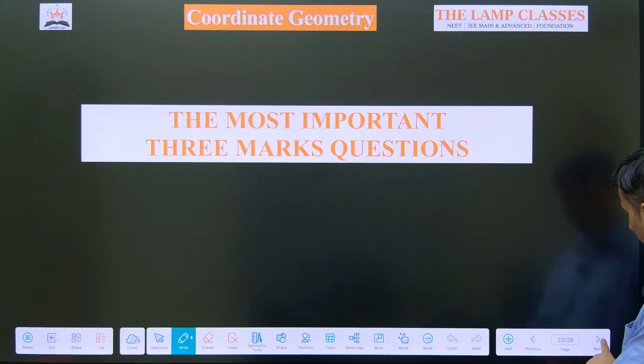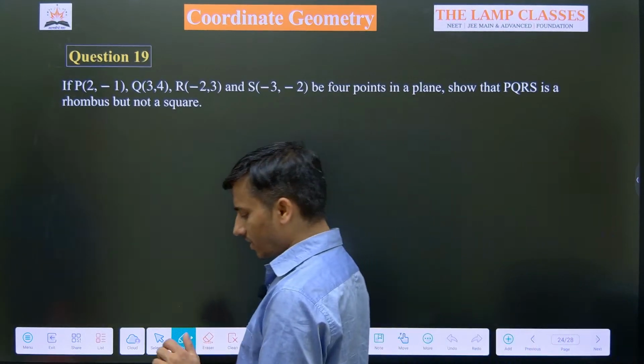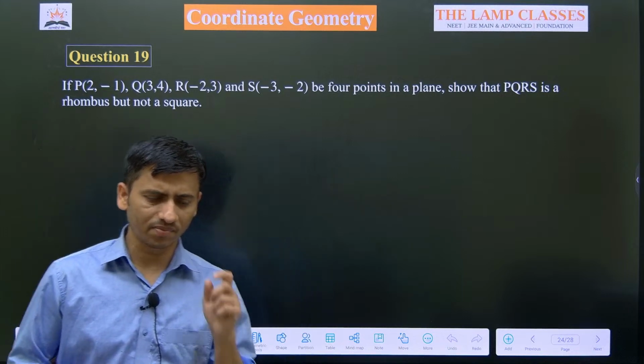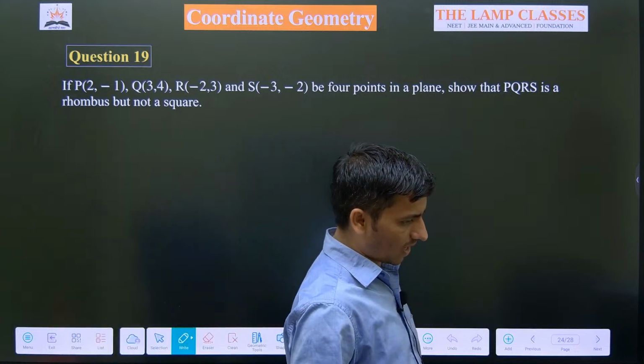Okay, let's do a few 3 marks questions. Now, from this chapter, there is a high chance that they will ask you one case study question, and then MCQs and 2 mark questions. 5 mark questions are less likely.